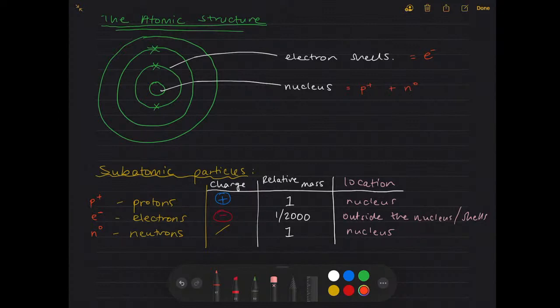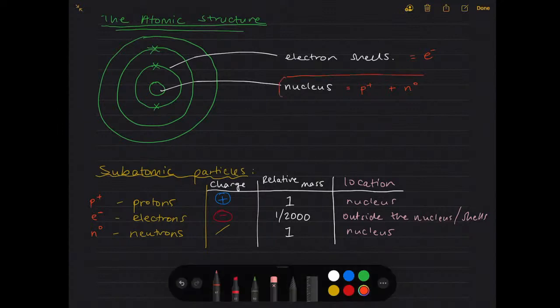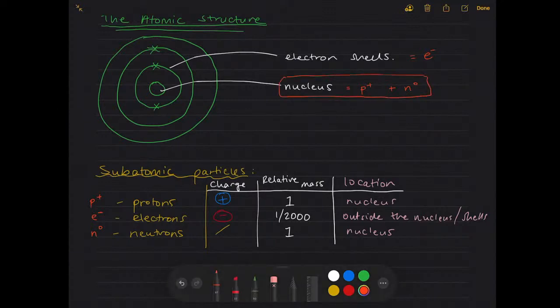And it follows that this is equal to the mass of the atom. Because as we've already said, electrons have almost zero mass in comparison. It's very negligible in comparison to protons and neutrons.